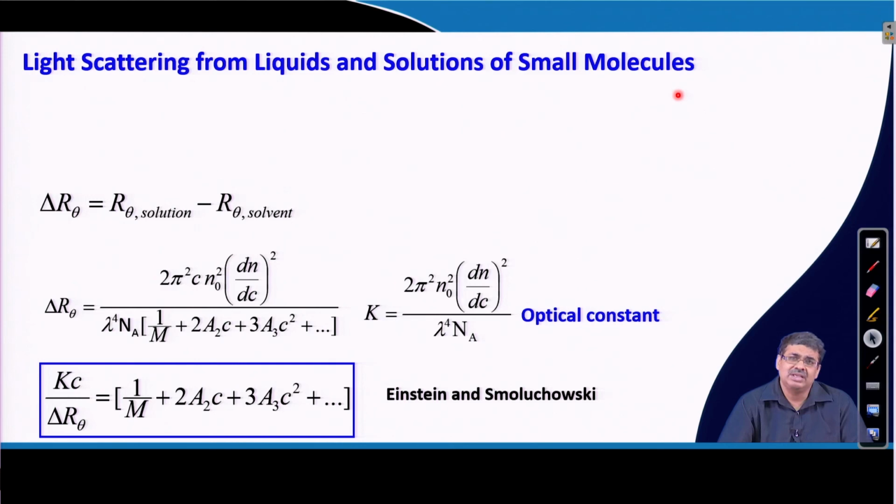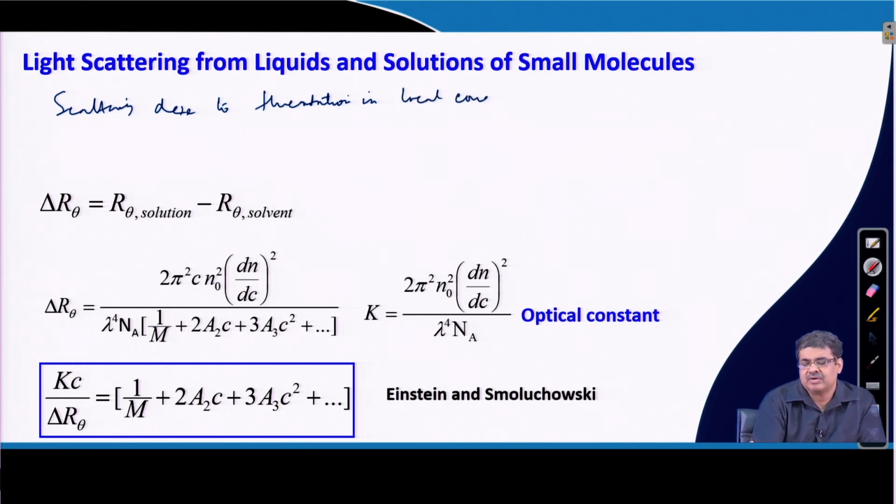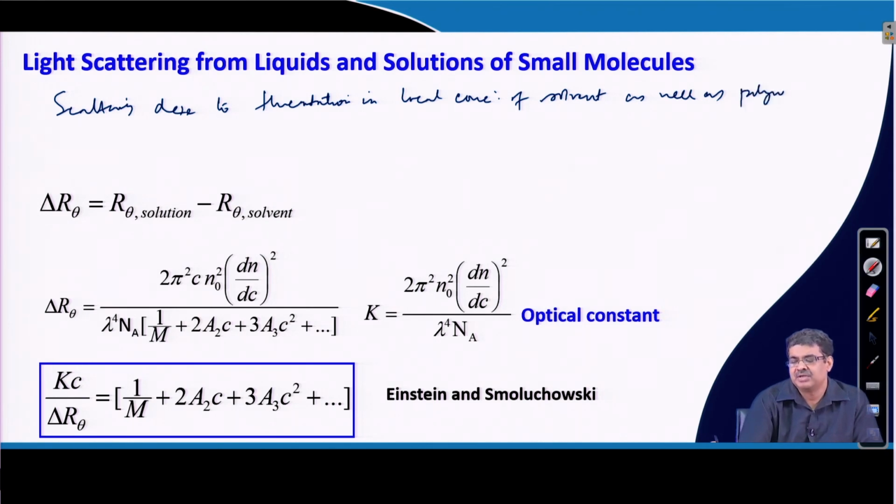Light scattering does not only happen due to the interaction between the molecule and the light, but also due to fluctuation in the local concentration of solvent molecules as well as solute molecules, in this case polymer solutes.